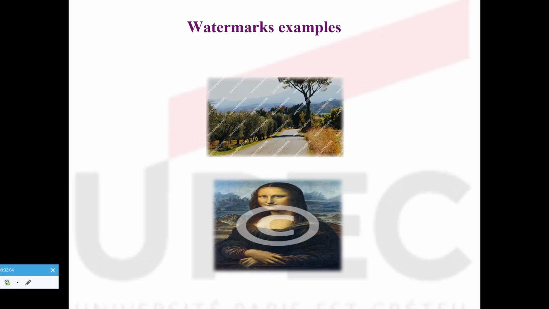As you can see on both of the pictures, there are some marks. In the first picture it is written watermarks, and in the second picture a C is written. So this is the function of the watermarks.